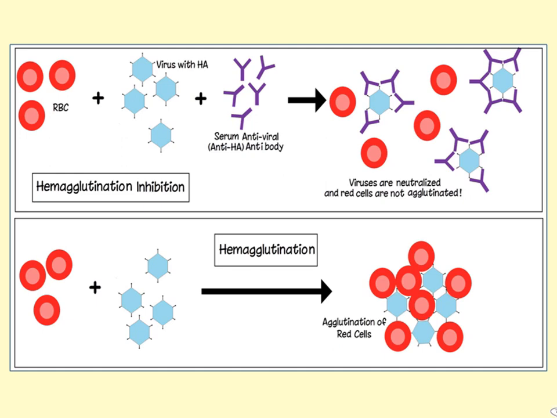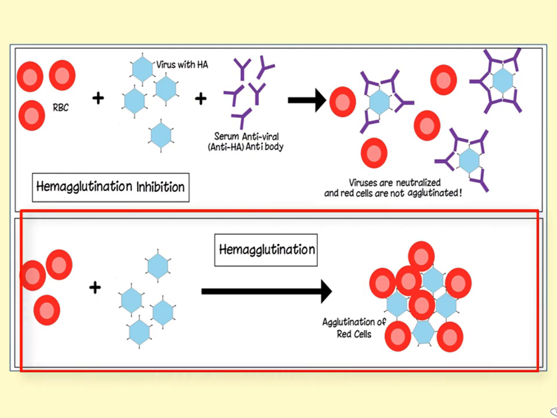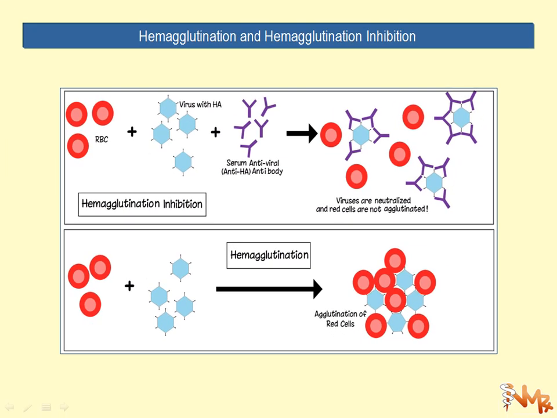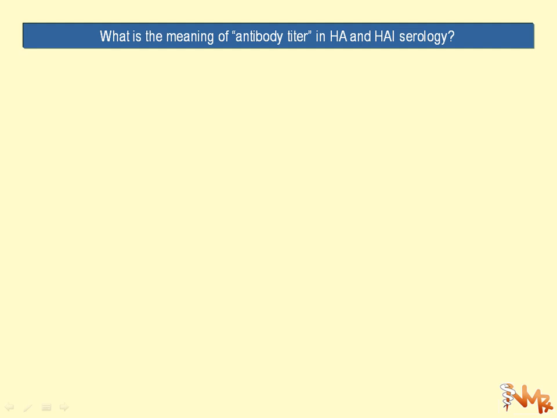However, at the bottom, you're going to see influenza virus and also the red blood cells, but this time we do not have the antiviral antibodies, and as a result, the viruses are able to attach to the red blood cells, and they cause agglutination of the red blood cells.